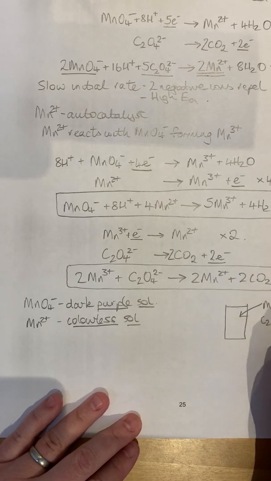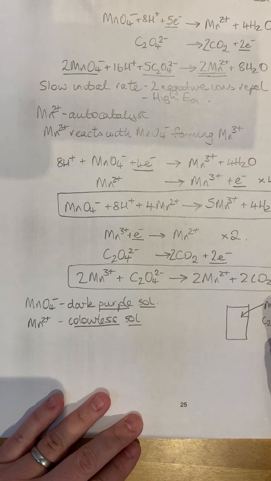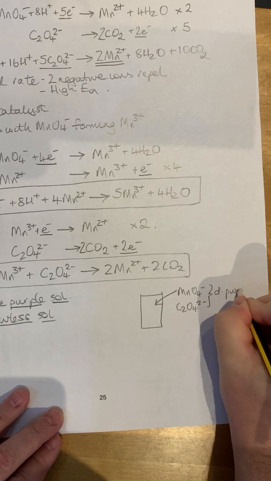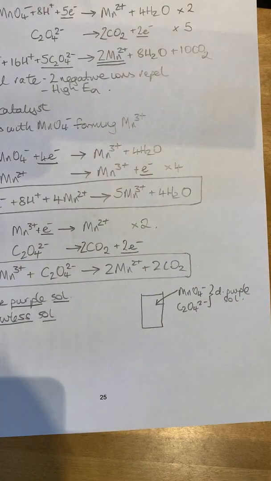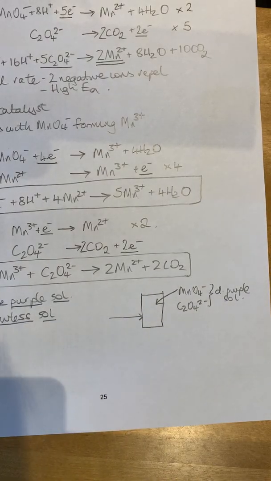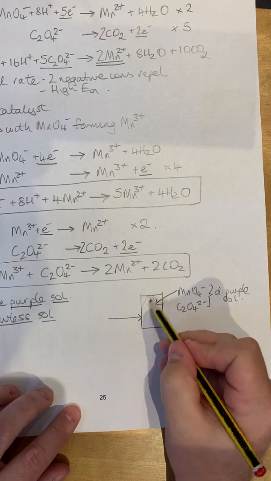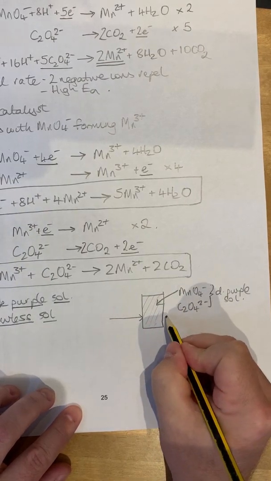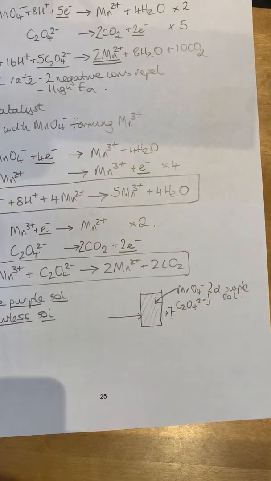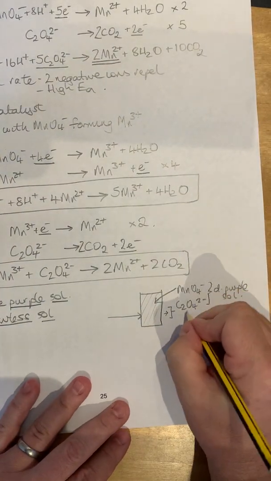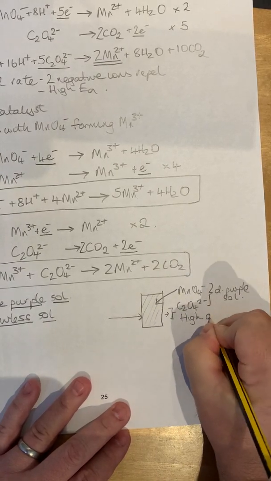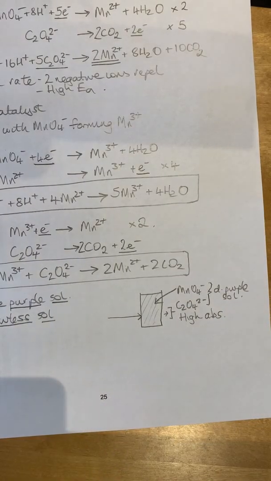That's going to be a very dark purple solution. A spectrophotometer works by shining light through, and just like your bottle of neat Ribena, because that's so dark in there, very little light is going to come out and be picked up by the detector. So this, at the start, absorbs a lot of the light. It has a high absorbance. We abbreviate absorbance to ABS.